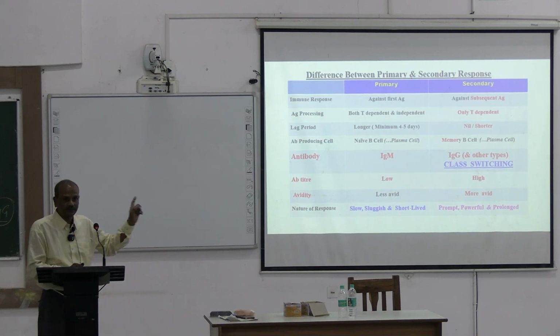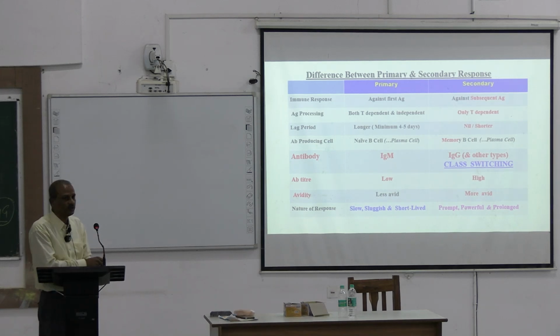Antibody titer, as you have seen, was low in the primary and high in the secondary. Avidity is another issue, how avidly the antibody binds to the antigen. It is less in primary, but more in secondary.